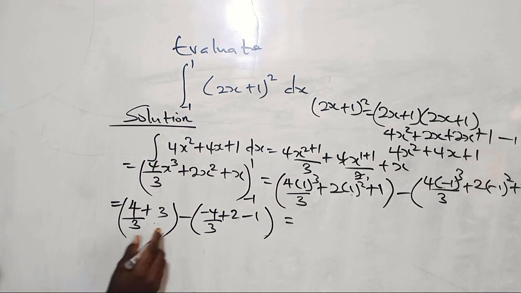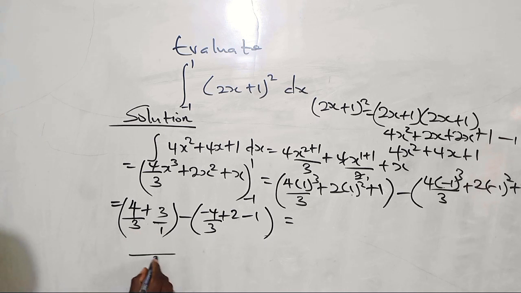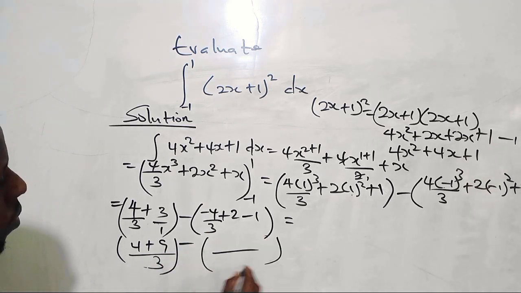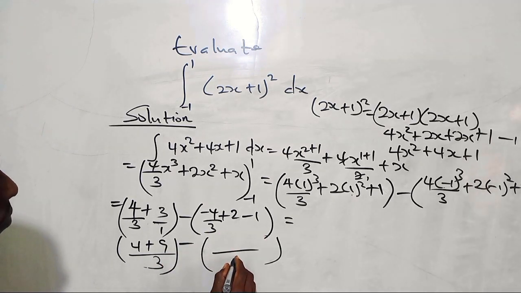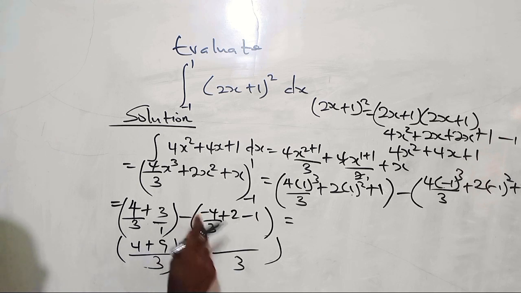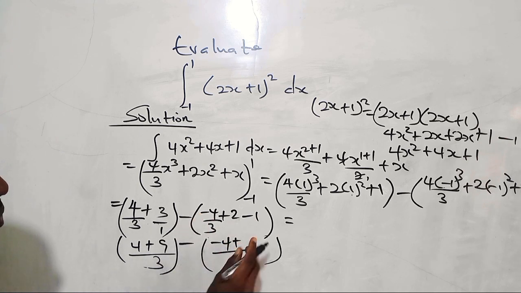If I resolve what I'm having here, I have this to be 3. The LCM is 3, so here you have 4, plus you cross multiply, you have 9, minus, when we resolve this, we have this to be 3. Do not forget 2 minus 1 is 1, so we are working with 1 here. So you have 3 times this, minus 4, plus 3 times 1 is 3.